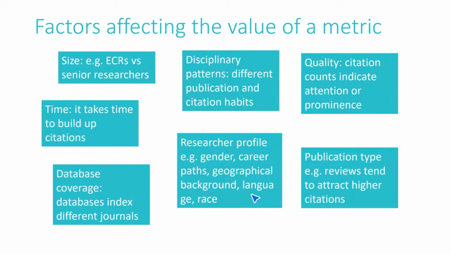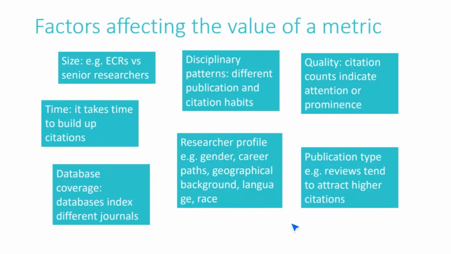Again, on race, research has shown that researchers of colour find it a lot more difficult to get access to research funding, and that is for a number of different reasons, but a lot of it is to do with racism within the scholarly publishing industry. So again, some researchers may not have been able to access that research funding to do that research. And again, where researchers are from, if they're from a part of the world where there isn't much funding available in their countries, they won't have been able to publish as much as researchers from other countries where there is more funding available.